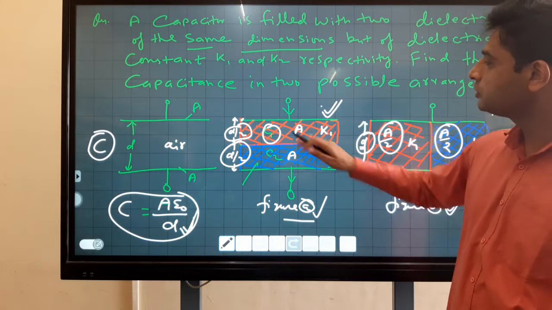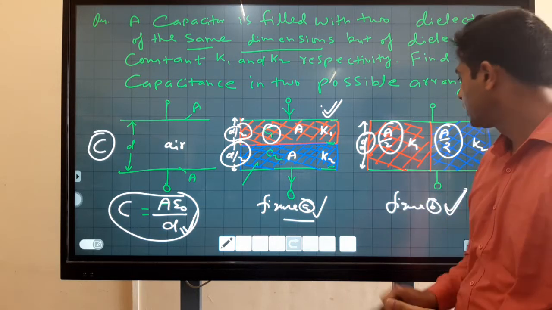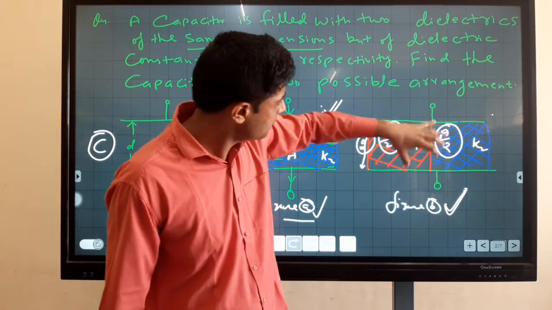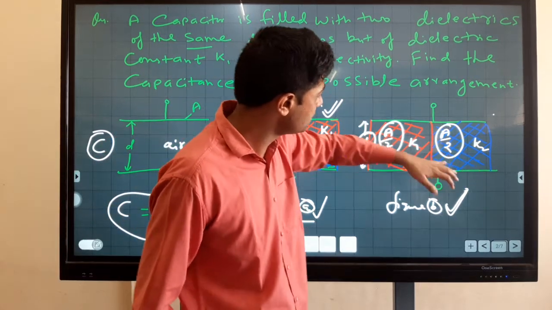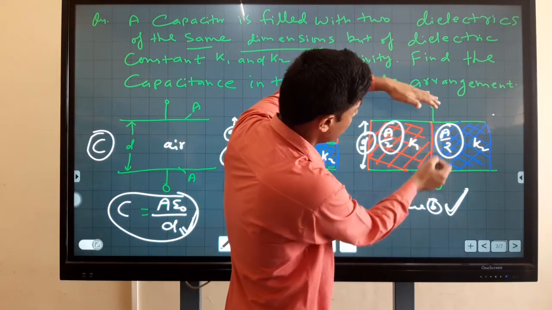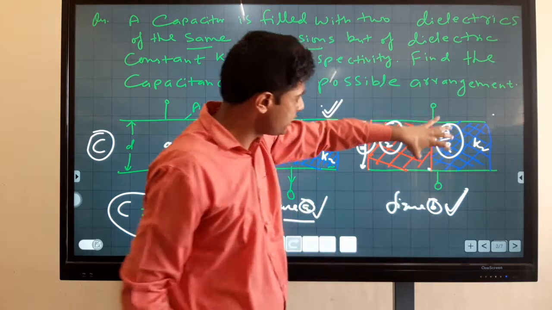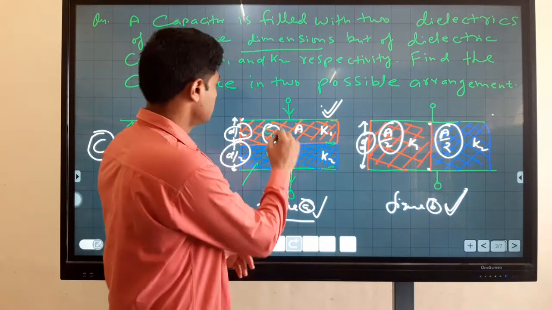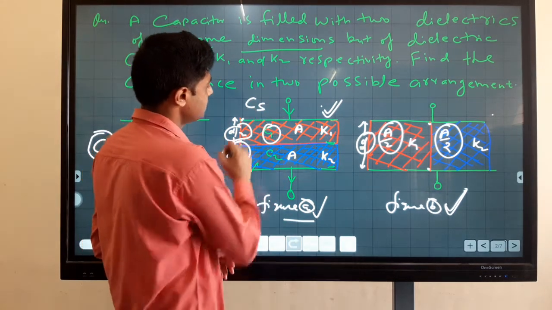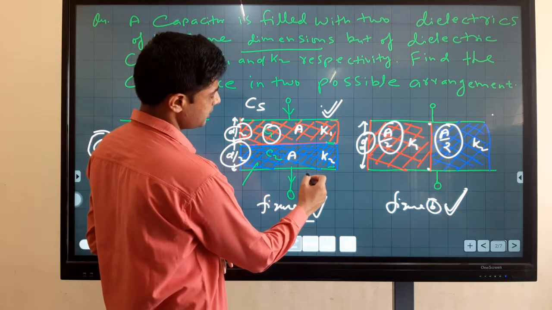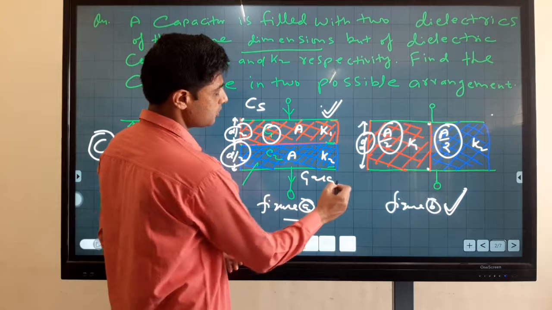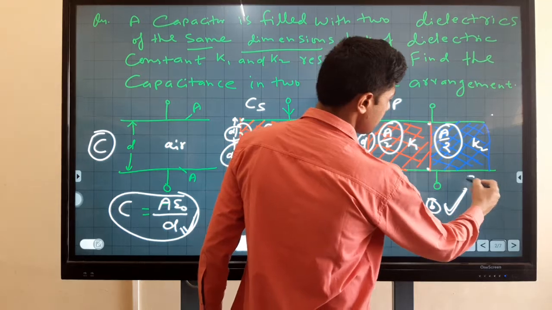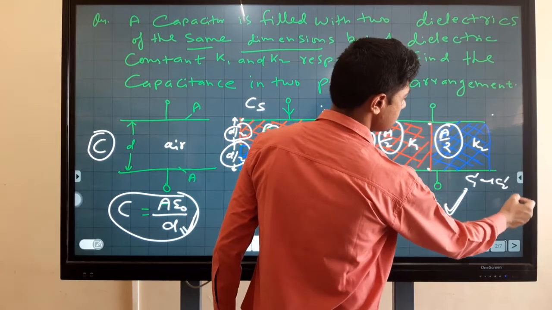But in this arrangement, the dielectric substances are connected by both ends, so it behaves like a parallel combination of capacitors. This behaves like a series combination of C1 and C2, and this like a parallel combination of C1 dash and C2 dash.